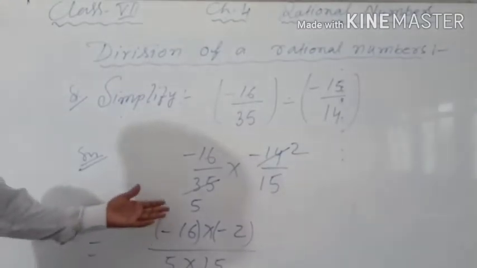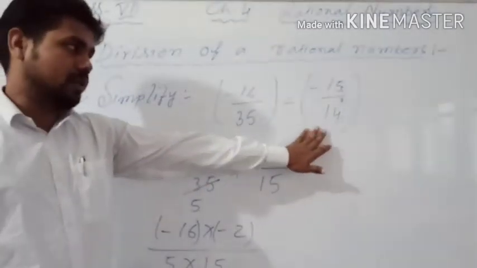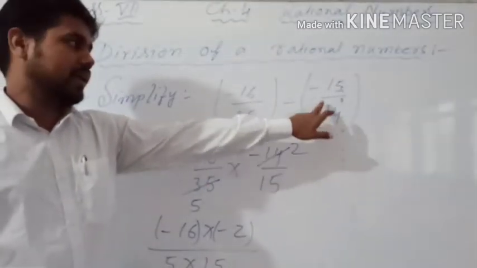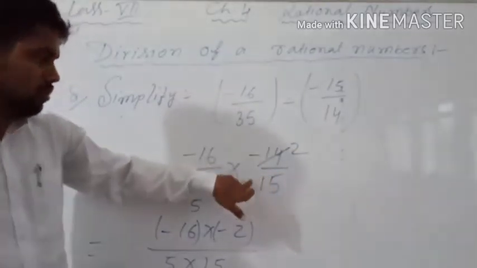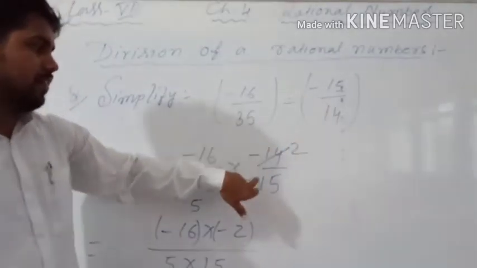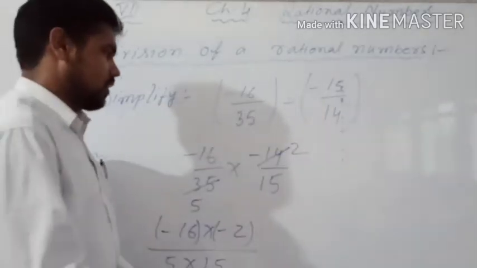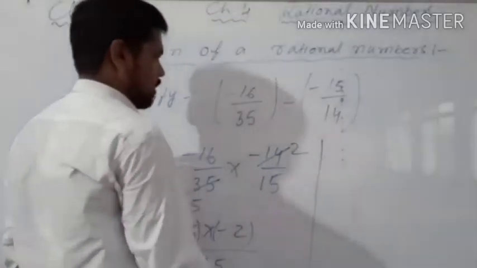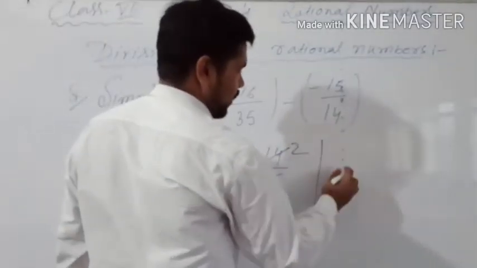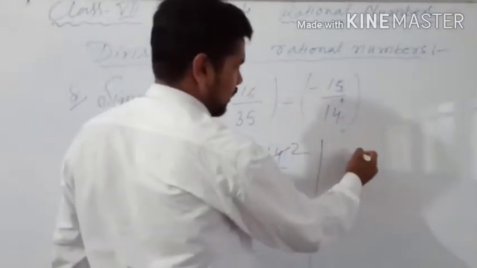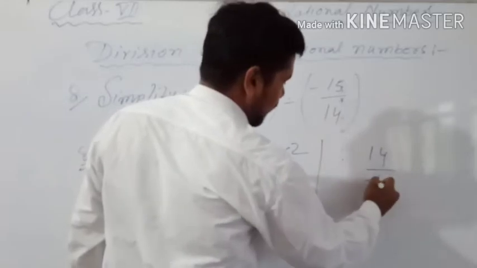You just have to keep in mind that you have to write the reciprocal of this, and while writing the reciprocal, don't forget about the negative number. The negative number will always come on the upside. You can understand this with an example. For the reciprocal of minus 15 by 14, someone will say it is 14 divided by minus 15, right?